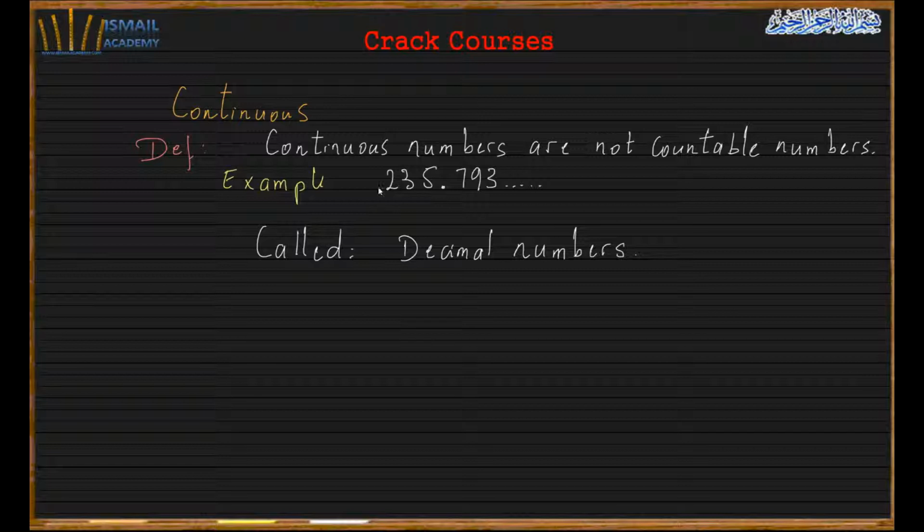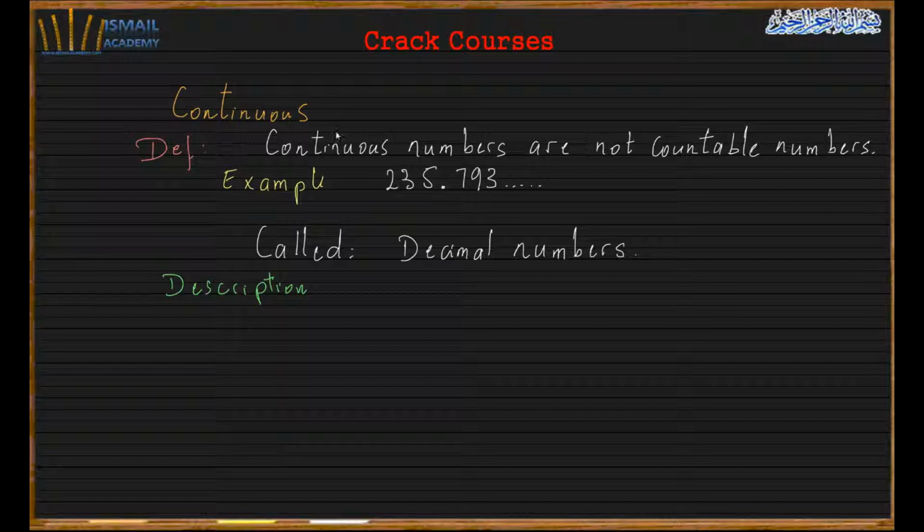So how do we describe a decimal number? Let me give you a description. In fact, a decimal number is a number made of two parts. The first part is called the integral part, which gives you the countable part, and the second part is called the fractional part, which is the portion of the unit.